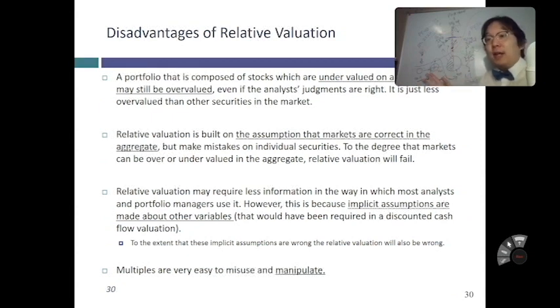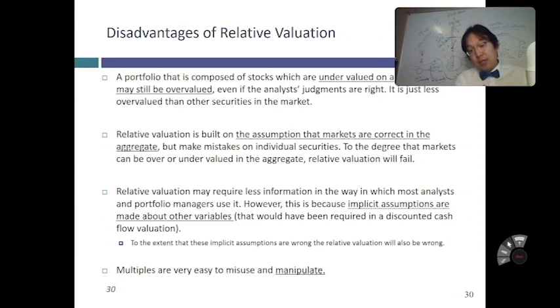If that is the case, then you have to be careful. It's not really correct to say this is overvalued. This high PE ratio may be justified by a high growth rate. So growth rate and PE ratio, growth rate of the cash flow, the fundamental element is still driving the relative valuation multiple.